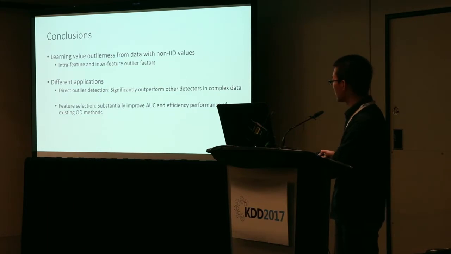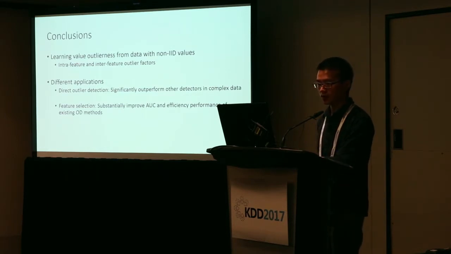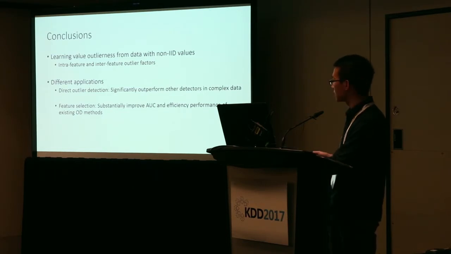And this is a simple conclusion here. We use the intra- and inter-feature outlier factors to learn the value outlierness. This enables very good modeling of non-IID values, and two applications are obtained from the mission results.